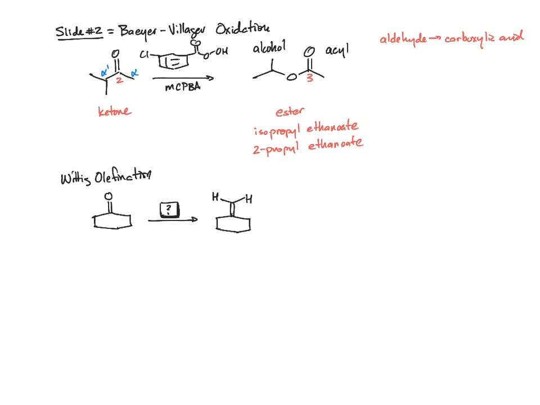So, first questions first. How many carbons are you installing? Just one. The way you'd go about making this, you need one carbon. It has to have a good leaving group, so we'll use methyl bromide. We're going to treat that with triphenylphosphine. That does an SN2 reaction. So this is a salt.